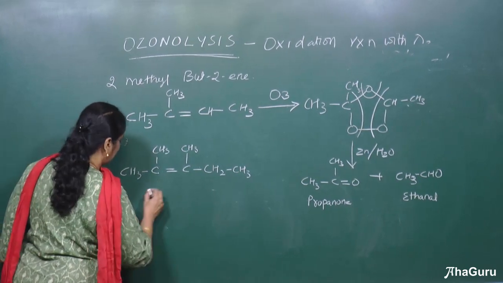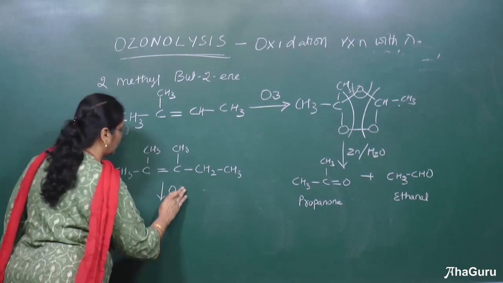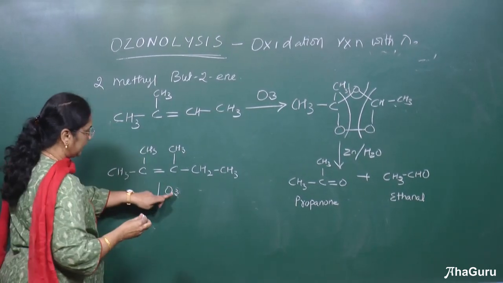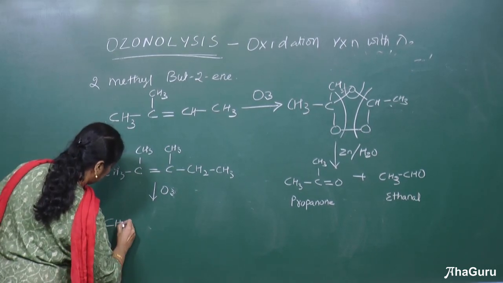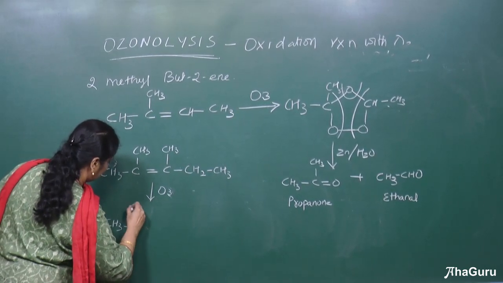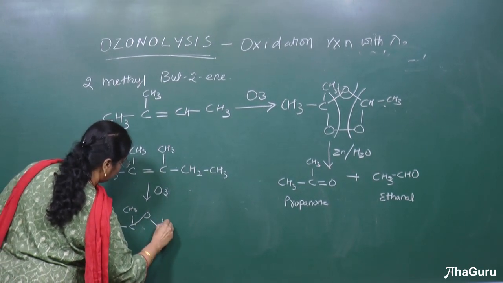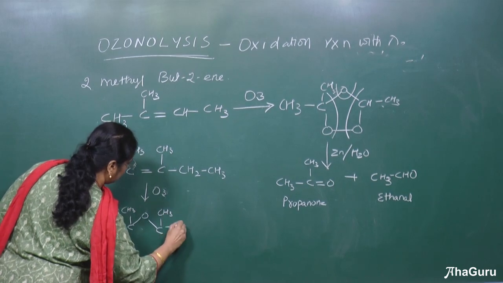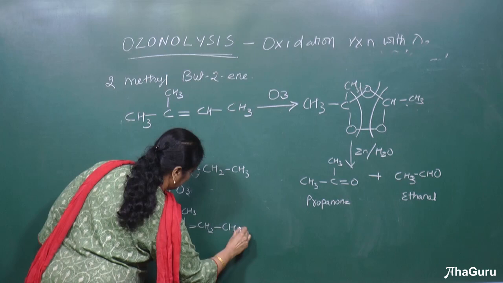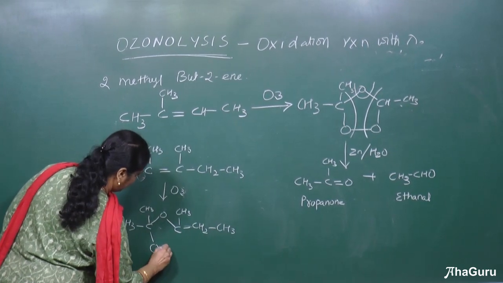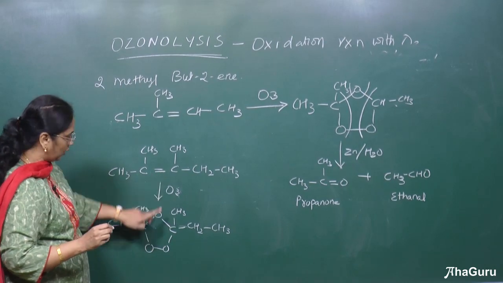So, the first step is treating with ozone, O3. Now, as I told you, it will get added across a double bond. So, we will get CH3, CH3, O, CH3, CH2, CH3, this will be forming a... So, the O3 will get added, as I told you, across a double bond.